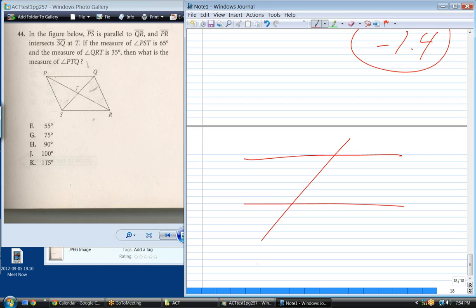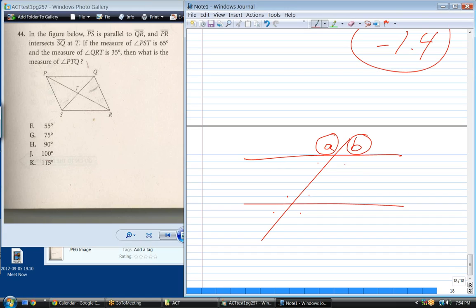If you cut two parallel lines with a transversal, you actually create 8 angles. This one, this one, this one, this one, this one, and this one. But there's only 2 unique angles created, a big one and a little one. And they always add to 180.